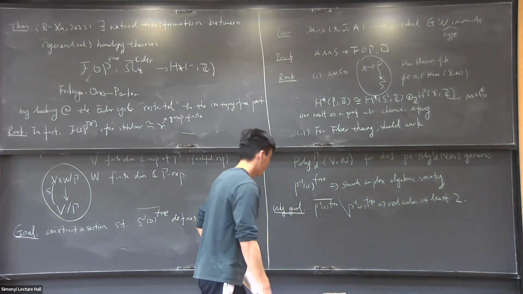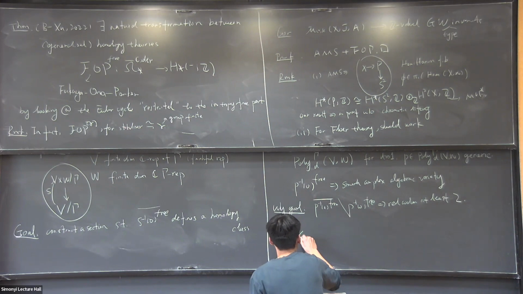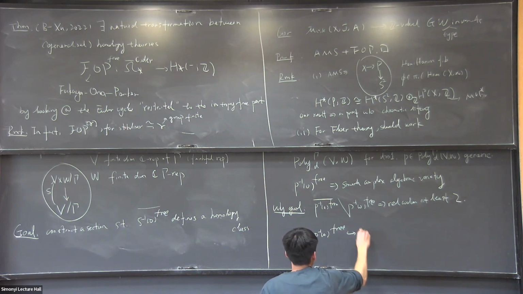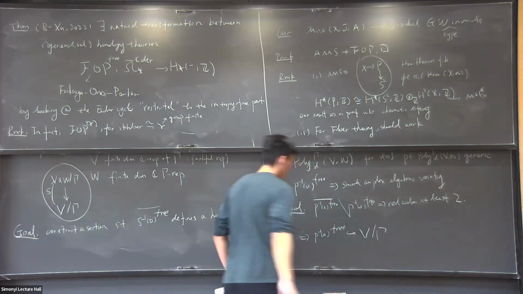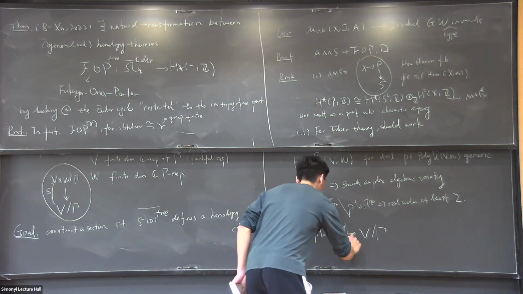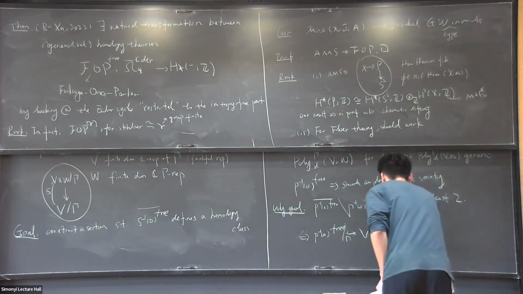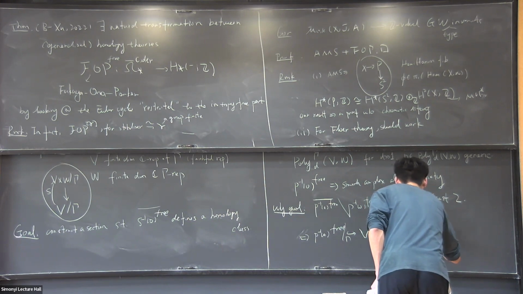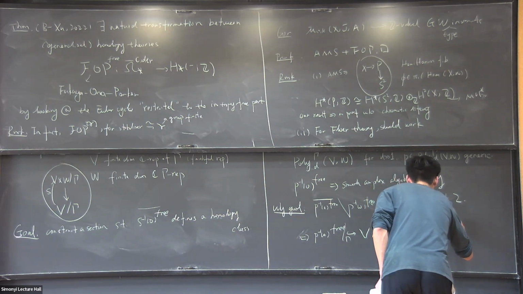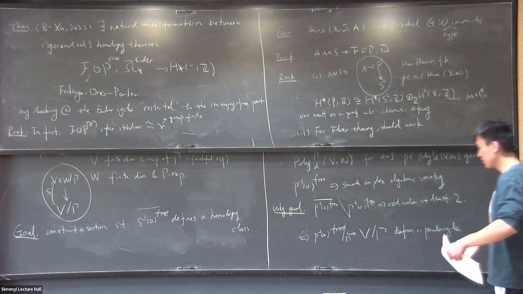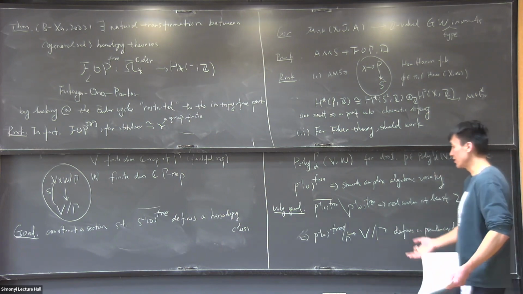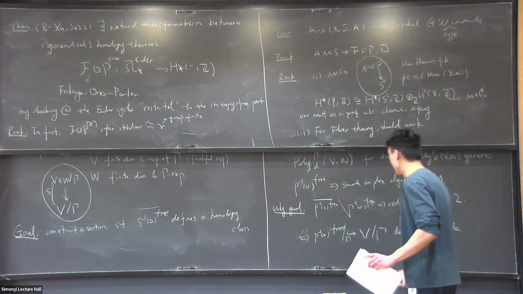So in other words, the inclusion here defines a pseudocycle, and when strictly interpreted, it defines the homology class. That's their idea. And let me tell you a why-line proof of this.